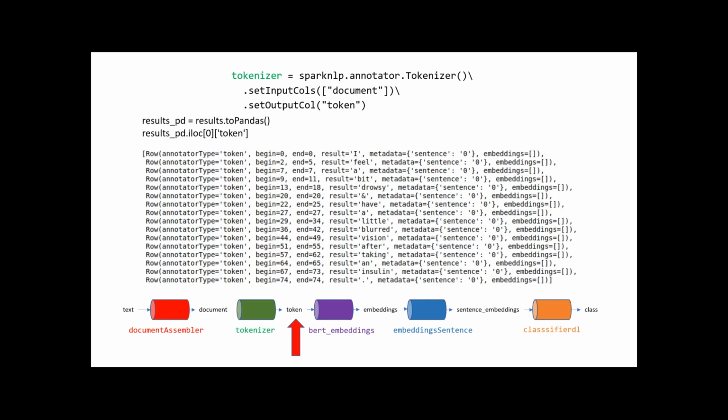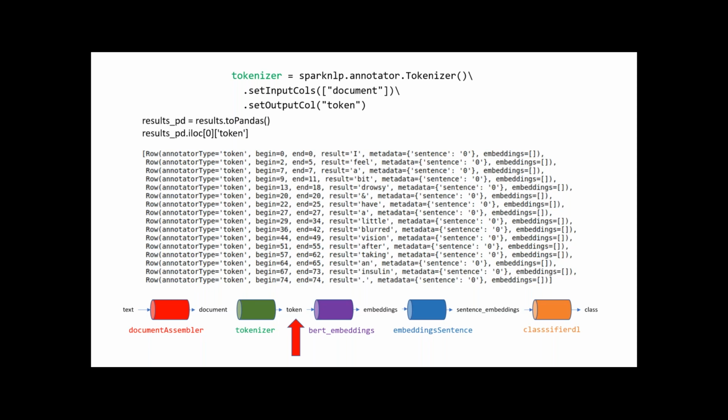The first component is the document assembler, and it produces a document, which is not of much interest. It's just taking the text and putting it into a format that Spark NLP knows how to work with. Then we have the tokenizer in green, which is interesting to check, especially for those not familiar with NLP. The tokenizer basically splits any text into tokens, and tokens are similar to words.